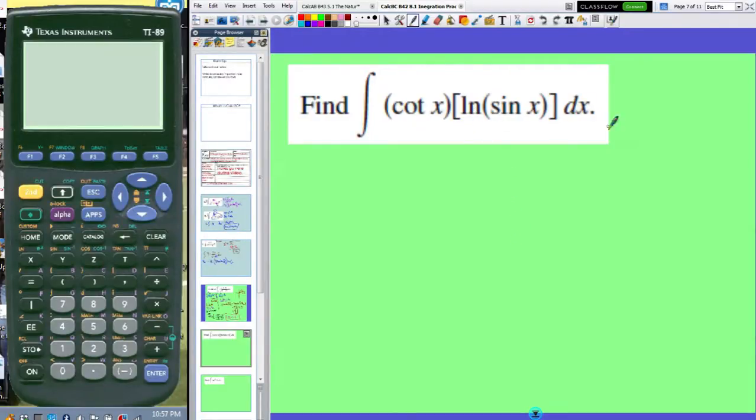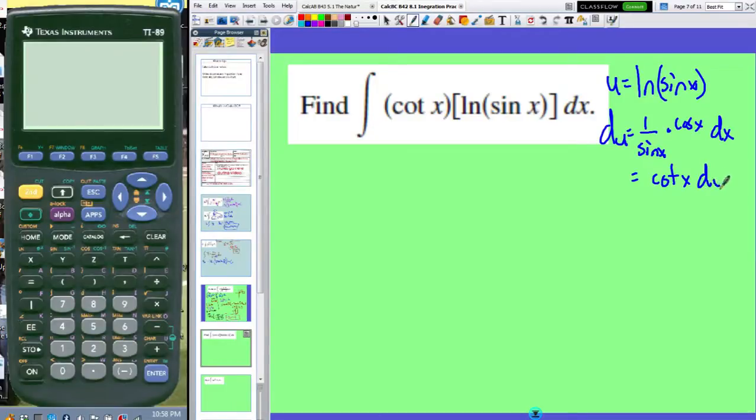So I'm going to be crazy here and say my u is the ln of sine of x. The derivative of ln of something is 1 over that something, sine of x, times the derivative of the inside, which is cosine of x, dx. What's cosine of x over sine of x? Well, that is just cotangent of x dx.